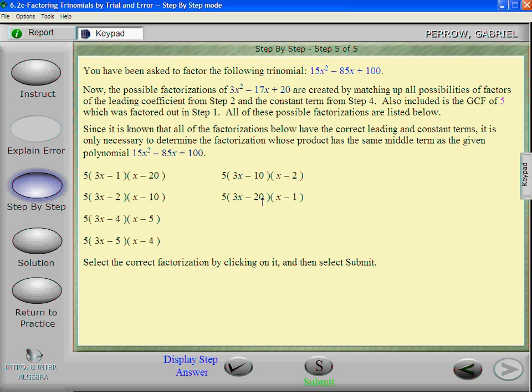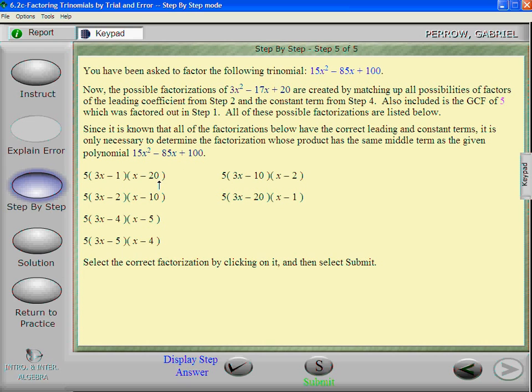I'm going through this one for the first time here to see what they want me to do. Select the correct factorization by clicking on it, and then click Submit. So based on the numbers we picked, these are all the possible combinations that we could have used to get the original.